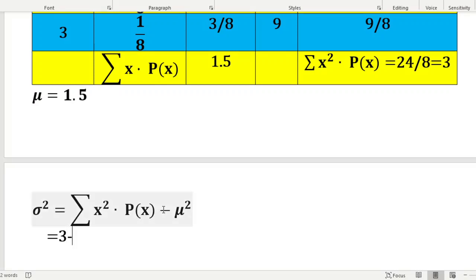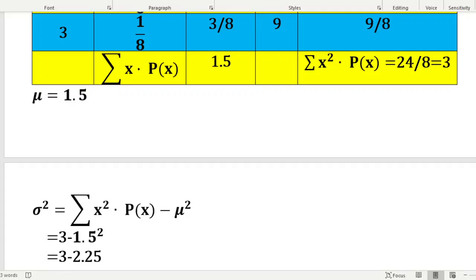Minus, we have our mean, which is 1.5, squared. Then, which is equal to 3 minus 1.5 squared is 2.25.